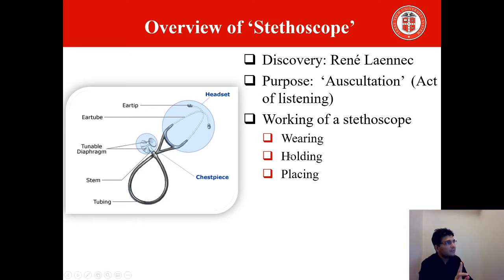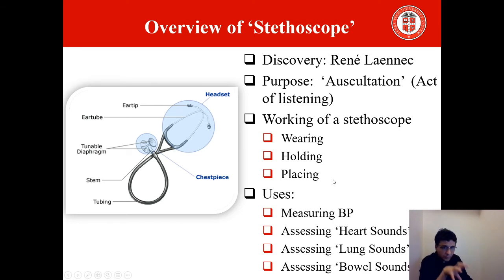As far as holding the stethoscope is concerned, you want to hold it between the index finger and the middle finger so that you can move it smoothly over the surface of the skin for whatever purpose you are using the stethoscope. Now, we can use the stethoscope for a lot of things, but I want to highlight a few basic important functions.